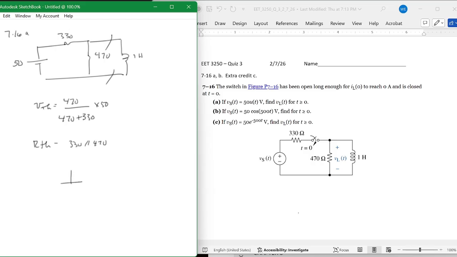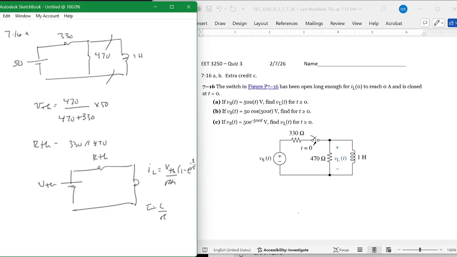Then you reconstruct the circuit, and you've got your V Thevenin, R Thevenin, and now you can find I sub L, which is equal to V Thevenin over R Thevenin times 1 minus e to the minus t over tau, where tau is equal to L over R. And there's your equation.